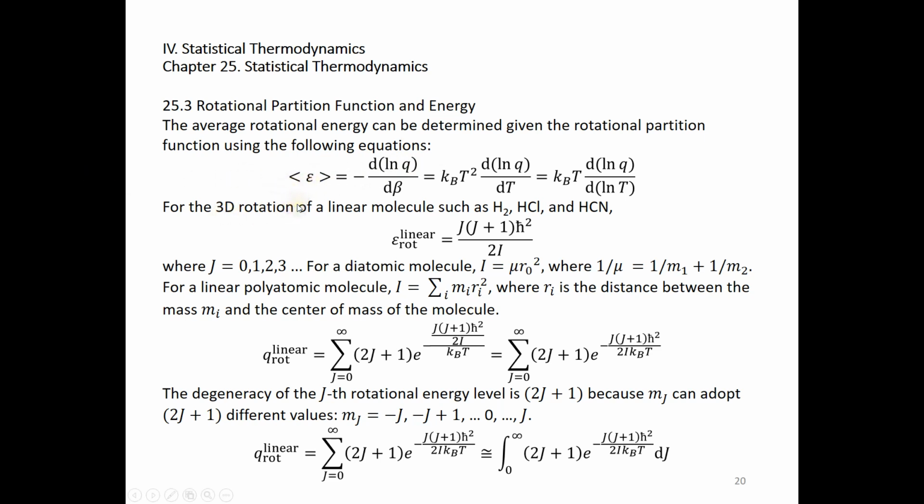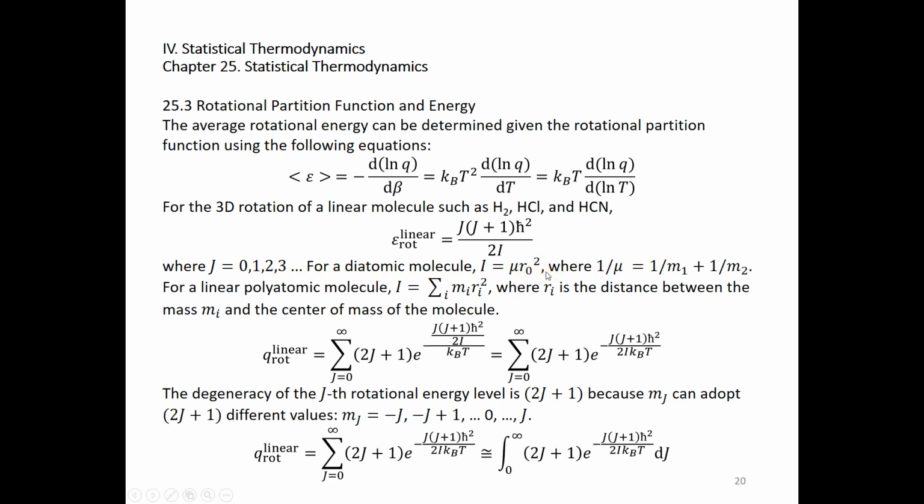For the three-dimensional rotation of a linear molecule, such as H2, HCl, and HCN, the rotational energy levels are J times (J plus 1) times h bar squared over 2I. J can be 0, 1, 2, 3, etc. For a diatomic molecule, the moment of inertia I is mu times R naught squared.